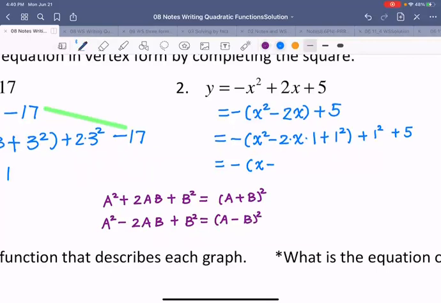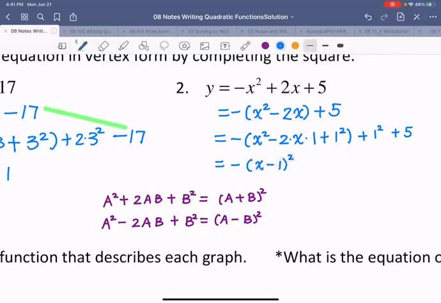Okay. So it would be x squared minus 2x plus 1, so this is x minus 1 squared. This is a, this is a, this is b. This is minus 2ab. That equals a minus b squared. So that's why here is x minus 1 squared.